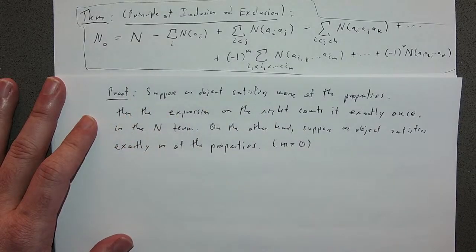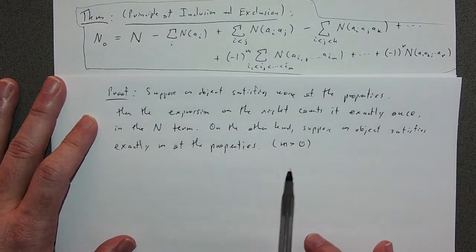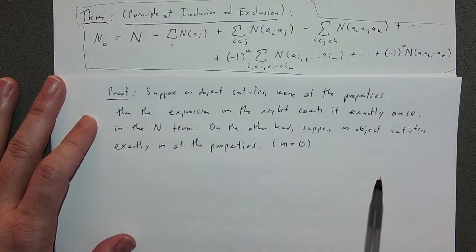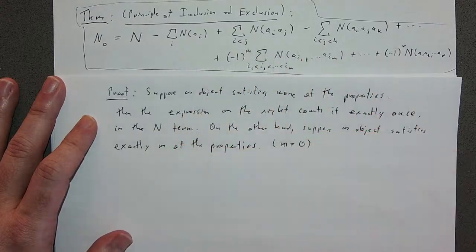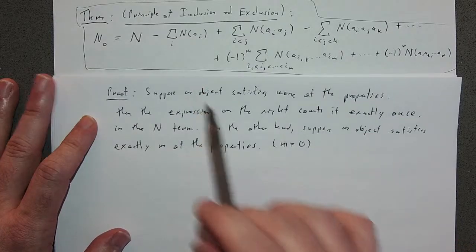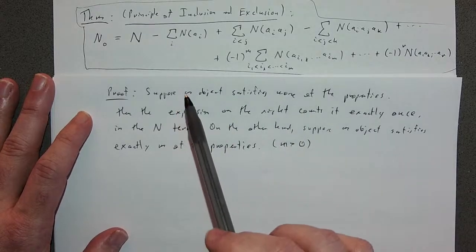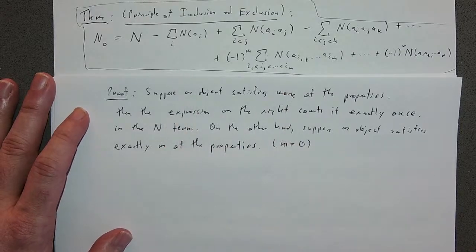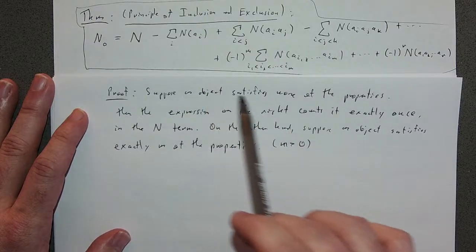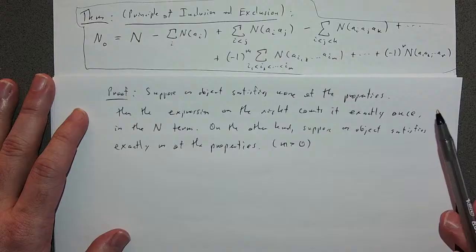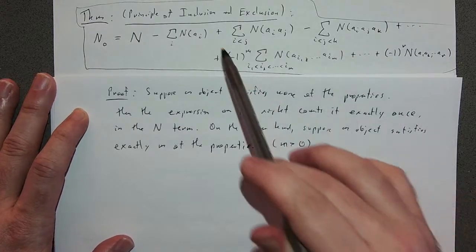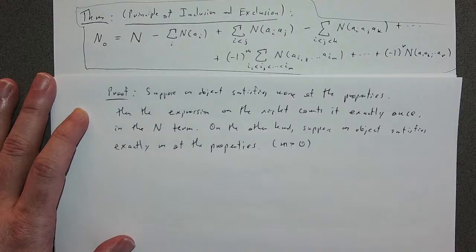Where else is it counted? If it satisfies exactly m of these properties, well, I need to know which properties it satisfies, but by the structure here I can say it's going to be counted m times here, right?